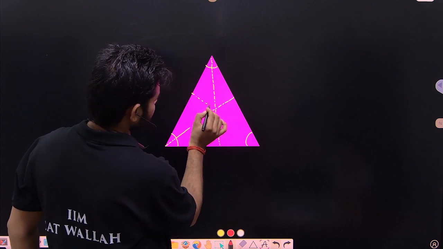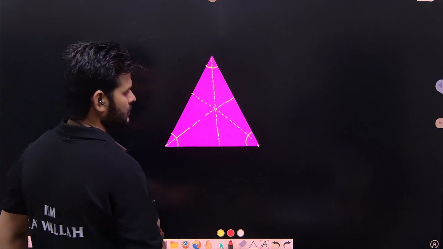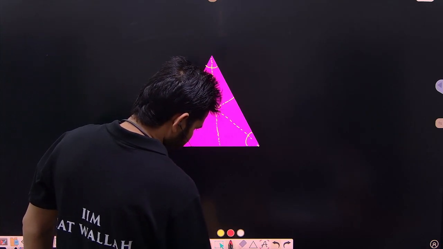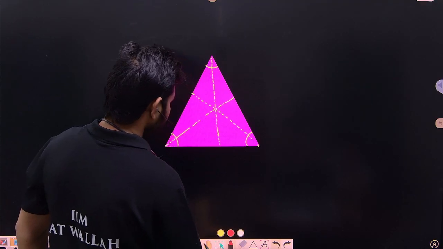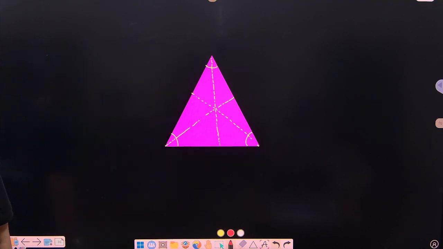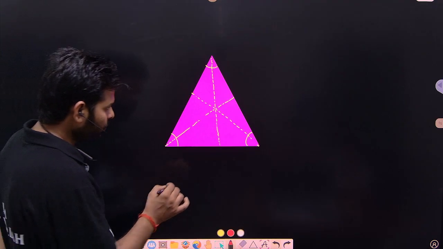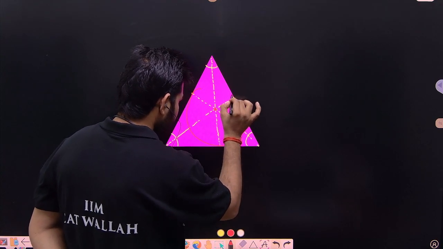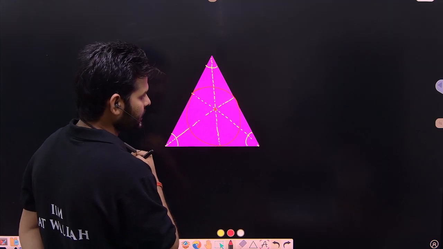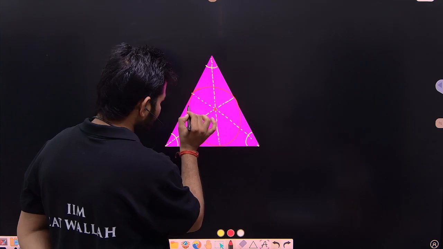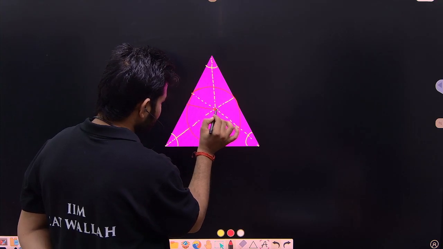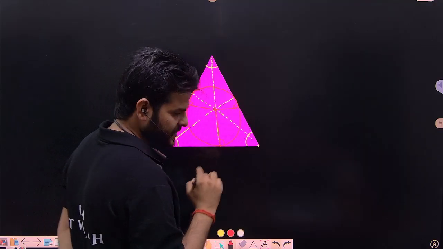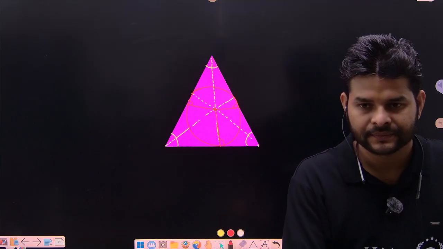The point where all the angle bisectors intersect each other, if you make this point the center and draw a circle, this circle is called the incircle. The perpendicular distance which makes 90 degrees, this distance is called the radius. Which radius? Incircle radius.